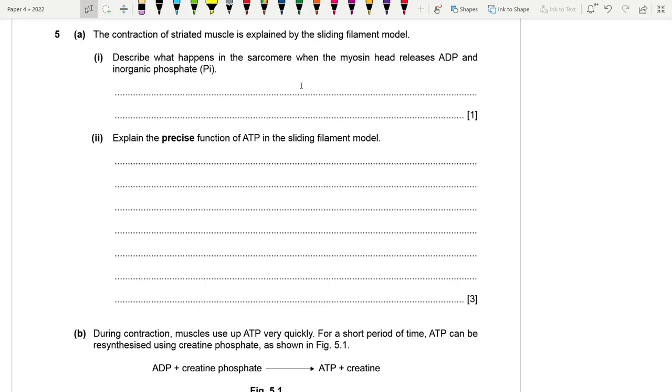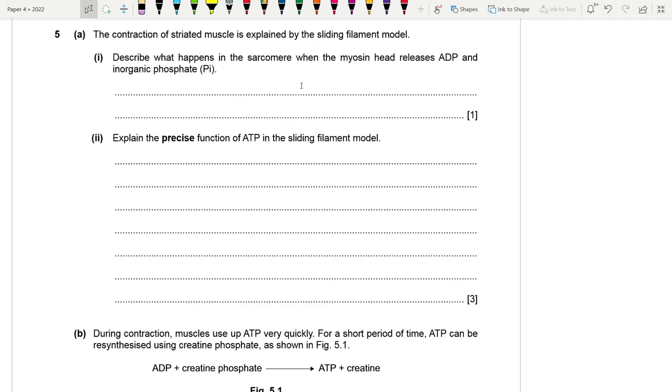Okay, so mainly remember that when the myosin head binds to the exposed binding site on actin, it causes a power stroke, which actually shortens the sarcomere, right? So no energy is required for this, by the way, but it's just called the power stroke.